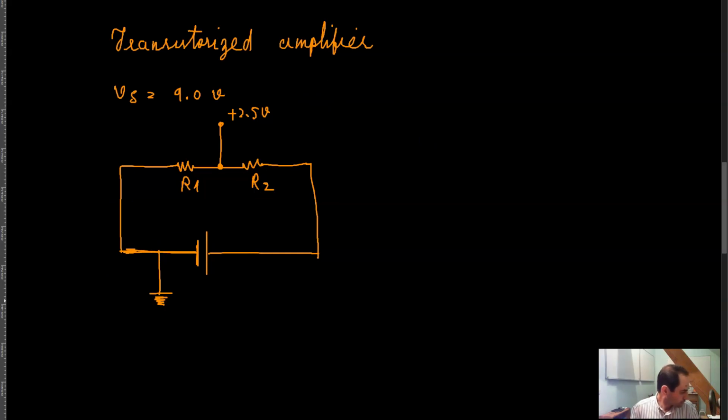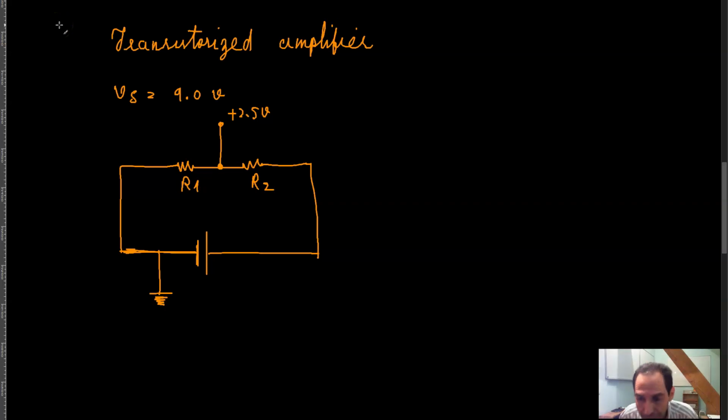Now this over here is the schematic. Of course, there are many different combinations of resistances that can work here, and the way you can do this is as follows.